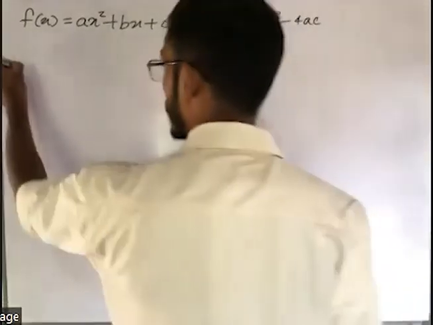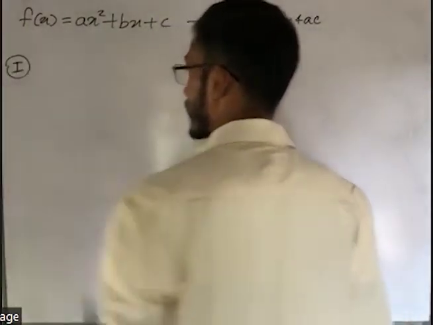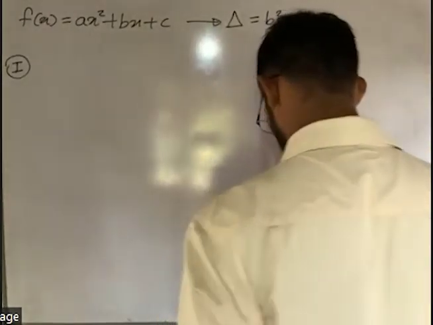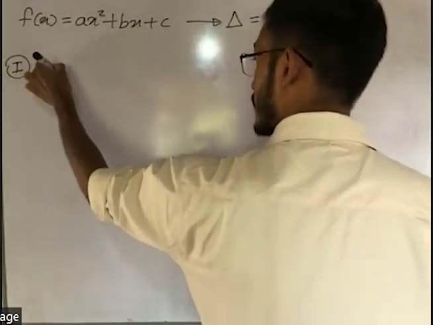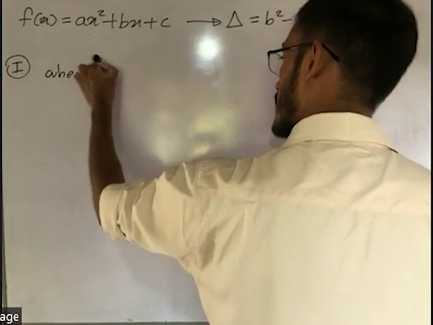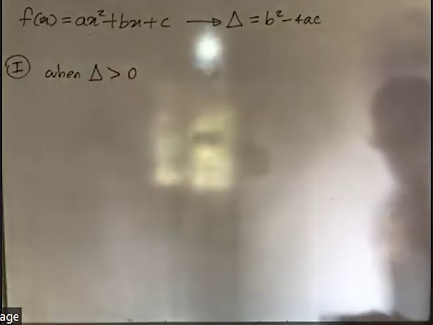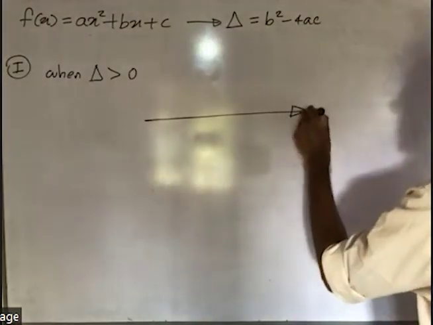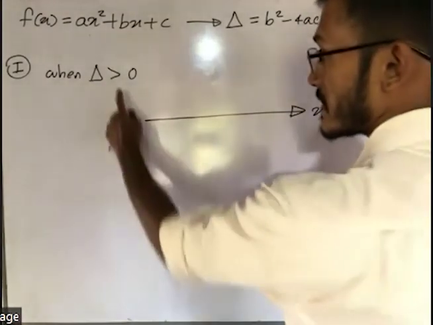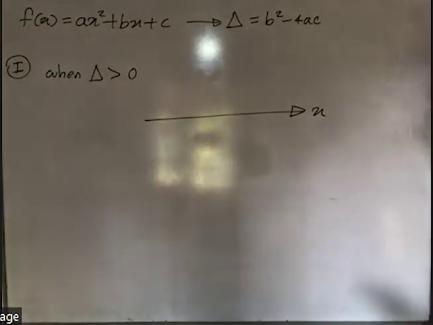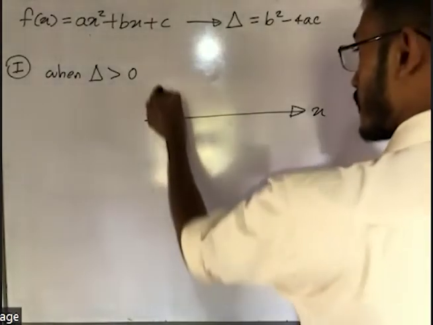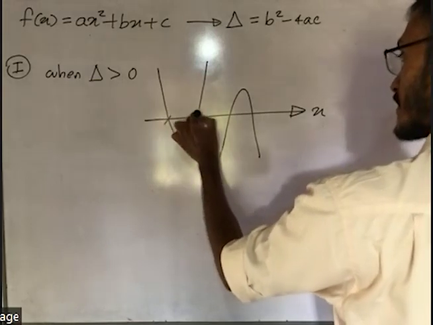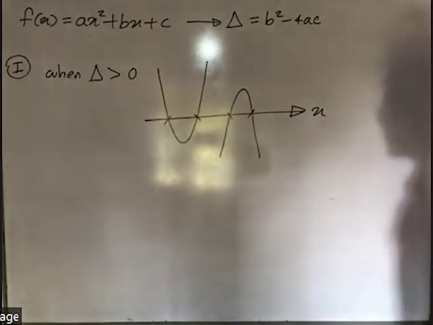So first look at this number one. Right, when delta is greater than 0, we can draw this function. This is the x-axis. When delta is greater than 0, we know that there are two roots. We have explained that there are two roots, so this can be the two roots, right?